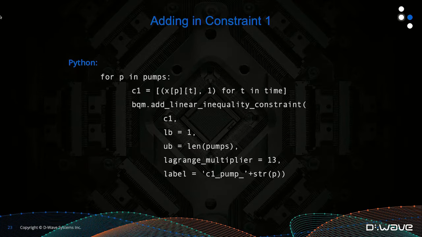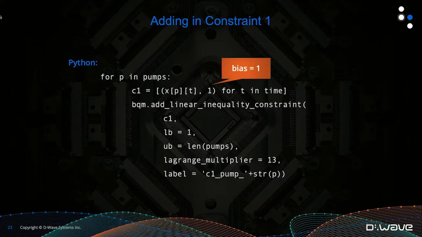And this C1, that is just the list of terms. So my binary variables with a coefficient of 1. My lower bound is 1. My upper bound, that should be the number of time slots, so length time, not pumps. We can add in a Lagrange multiplier, or Lagrange parameter, or penalty coefficient, whatever you're comfortable calling it. And then we're going to put a label in there for each of these constraints so that we can reference it. So if we just step through really slowly, so we have our bias.